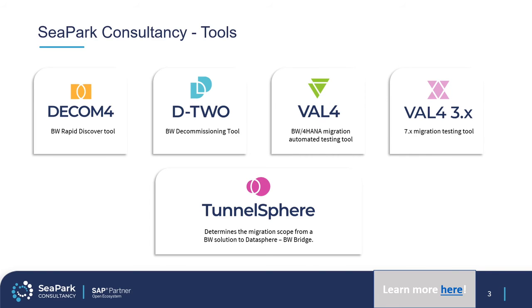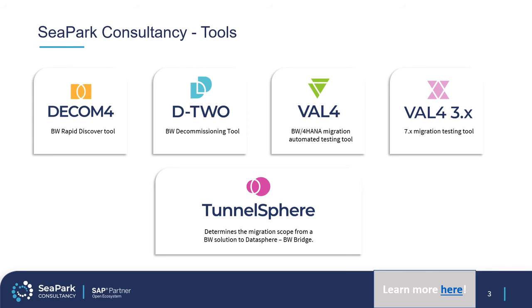The BW discovery tools, for example, DCOM4 and TunnelSphere, will help determine what is used and not used in a BW system and what existing SAP BW functionality is supported or not supported on the latest features available in SAP BW4 and SAP Datasphere.